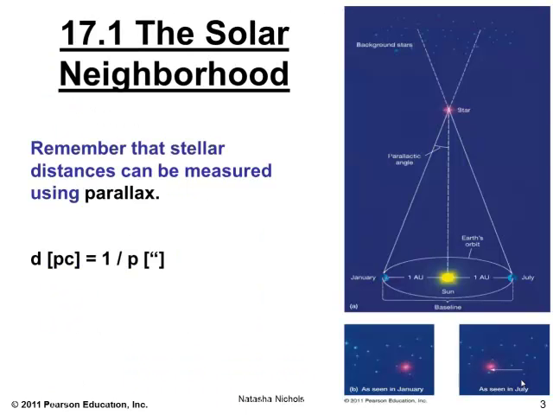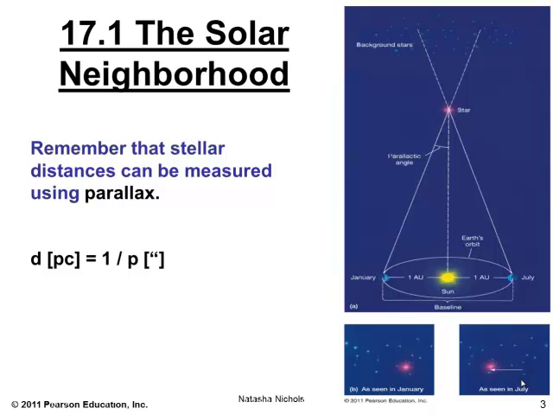Distance is the most difficult measurement in astronomy, and great distances require long baselines. To find the distance to a star, we must use a very long baseline, for example, the diameter of the Earth's orbit.